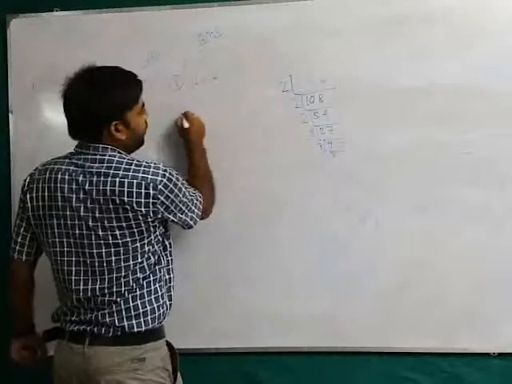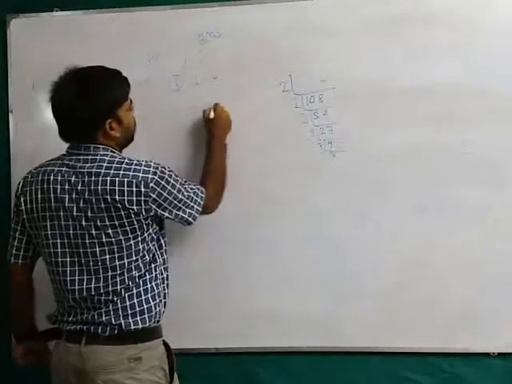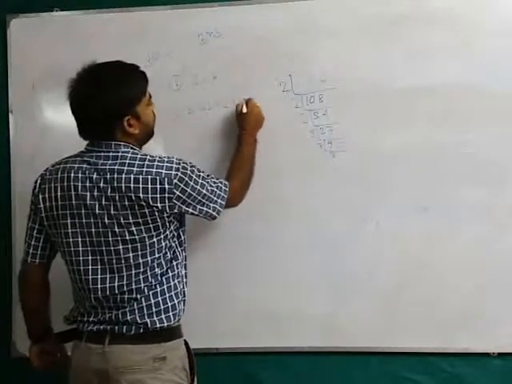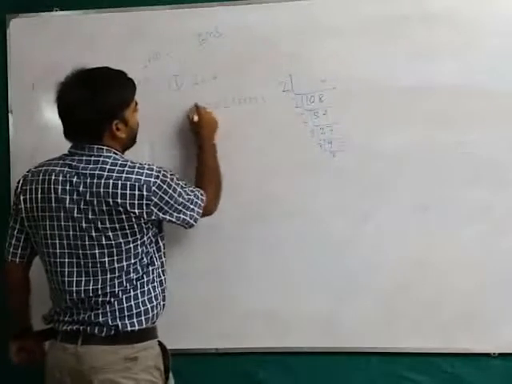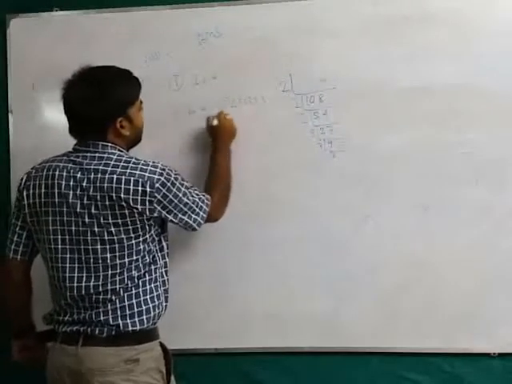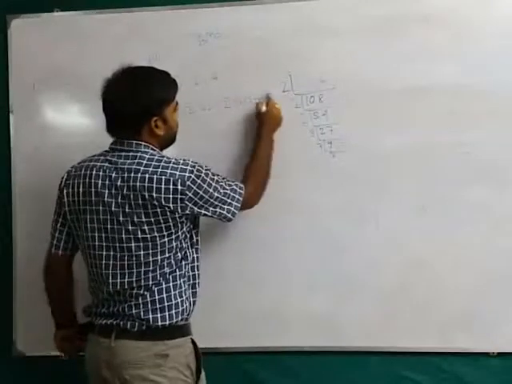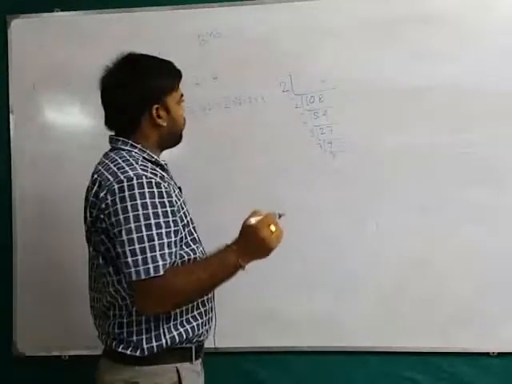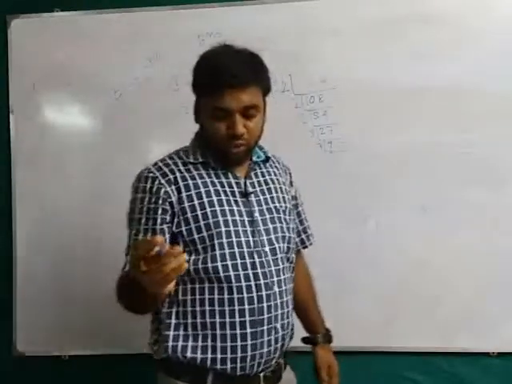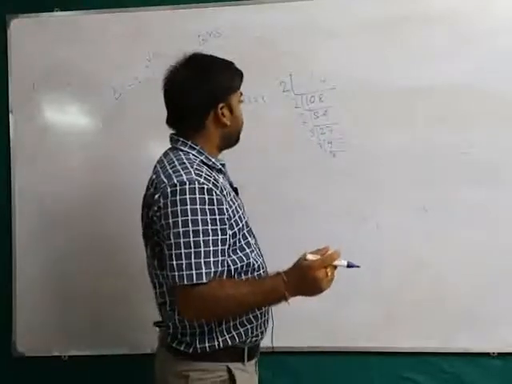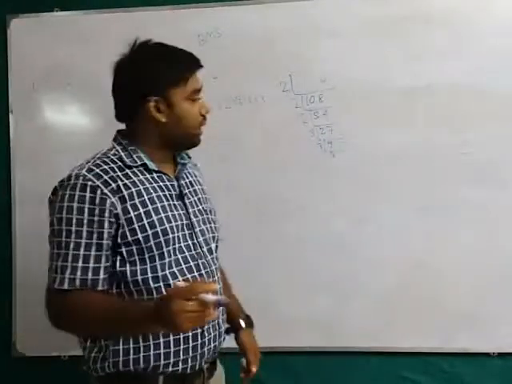So the factors are 2 into 2 into 2 into 3 into 3 into 3. So this one is a triplet and another triplet. The factors of 216, 2 and 3, each make a triplet, two triplets.